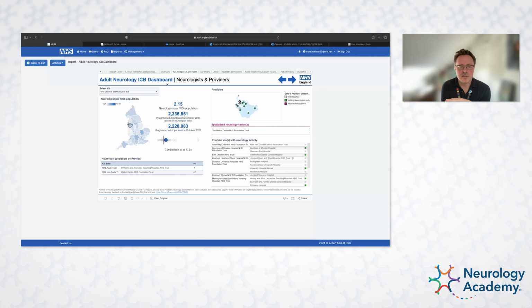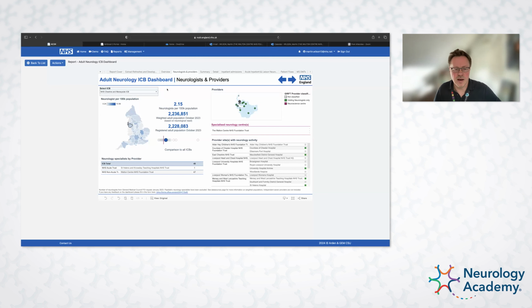So this is as accurate as we think it can be, but probably not completely accurate, but it's probably the best we've got. So it shows you the number of neurologists you've got, again, per population, and what your population is in your ICS.